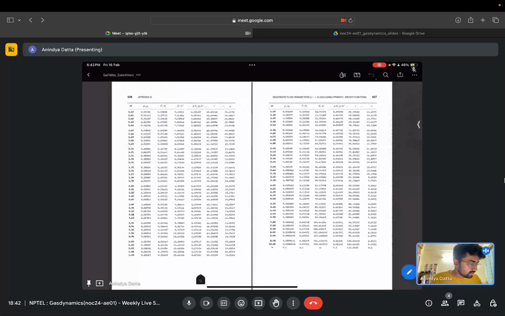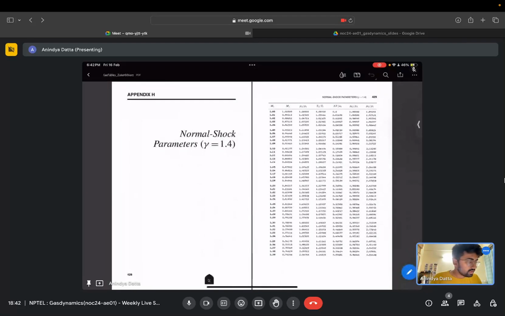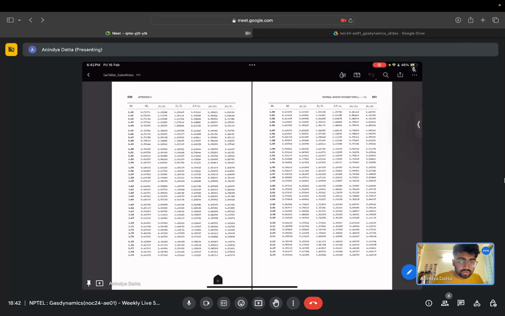Sorry, this is not the normal gas table, this is the normal shock table. I guess this is visible. First we have to look at the row where the upstream Mach number is 2.